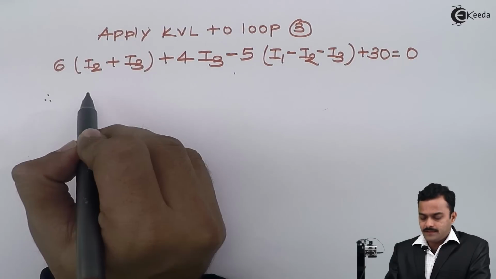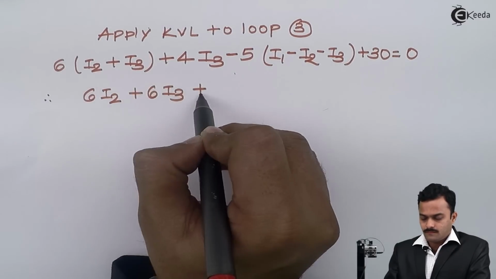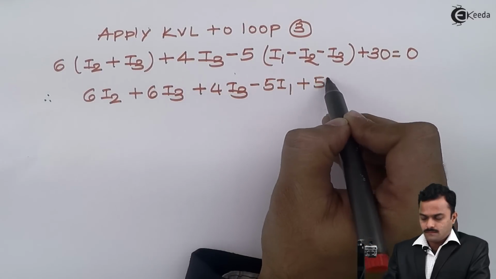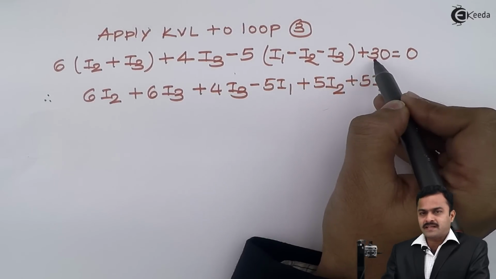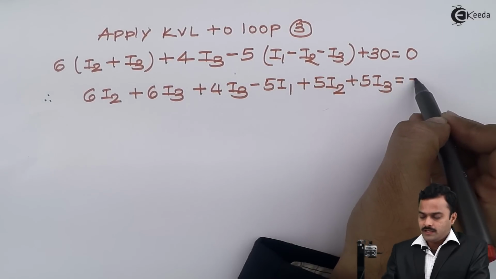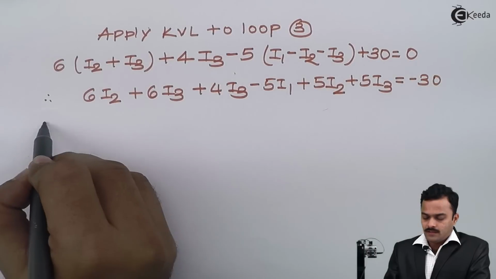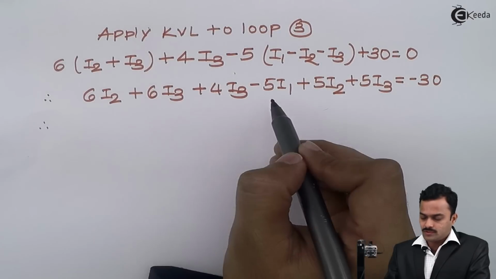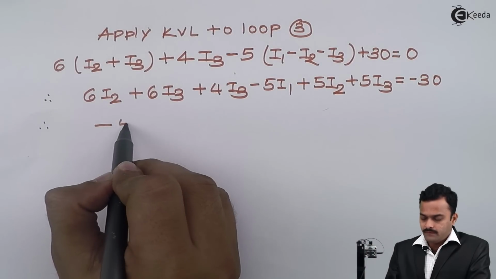So let's simplify. I will take this plus 30 on another side of equation, which will become minus 30. Let's club all like terms. So here minus 5 I1 will be alone.